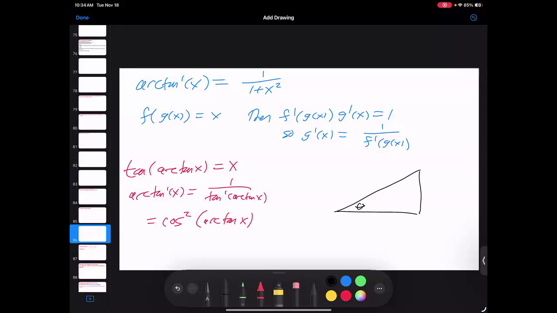So what's the definition of tangent? It's opposite over adjacent, right? Okay. So what would be a good choice of opposite over adjacent to get x? X over 1. So if we make the vertical x and the horizontal 1, then that angle will have a tangent of x. So this angle here, theta, is just arctangent of x. What's the hypotenuse going to be?